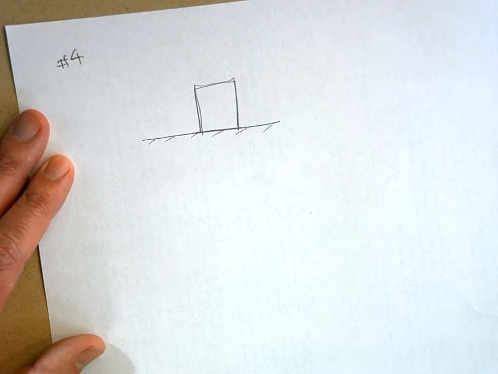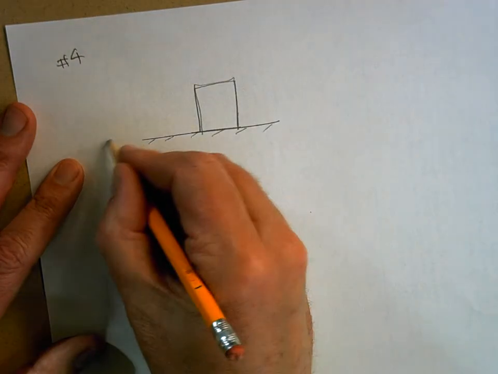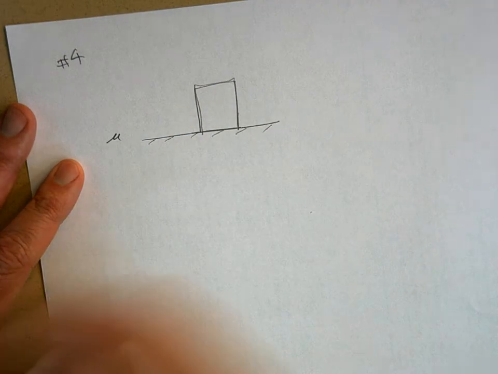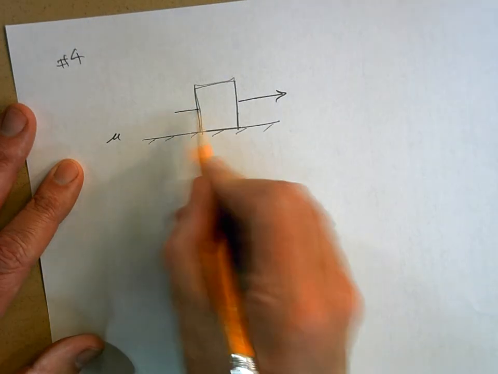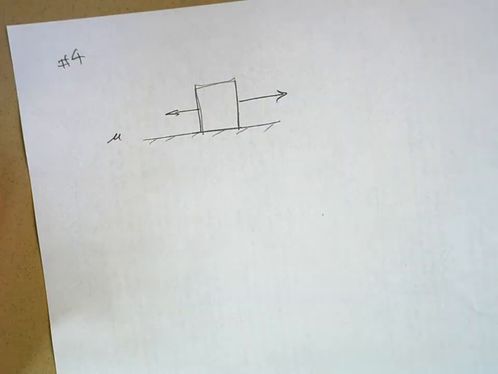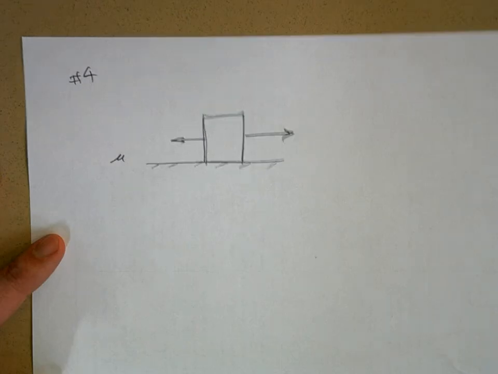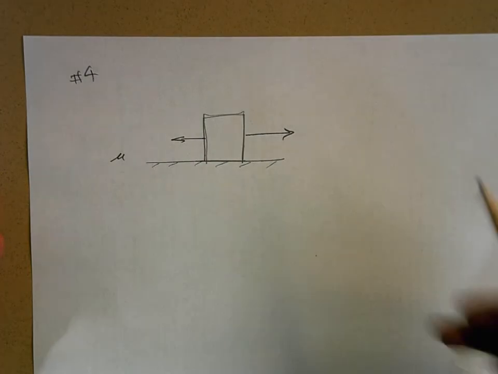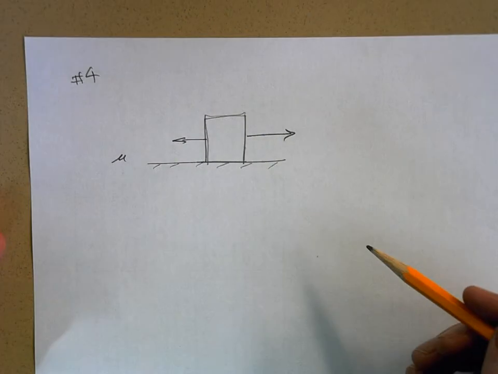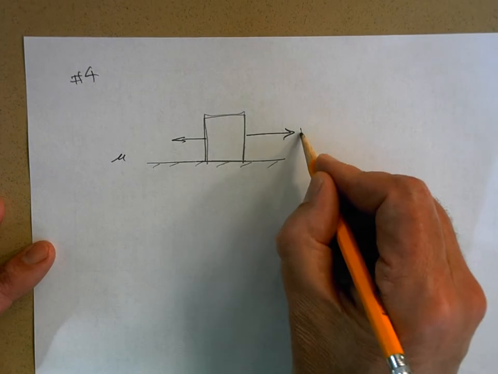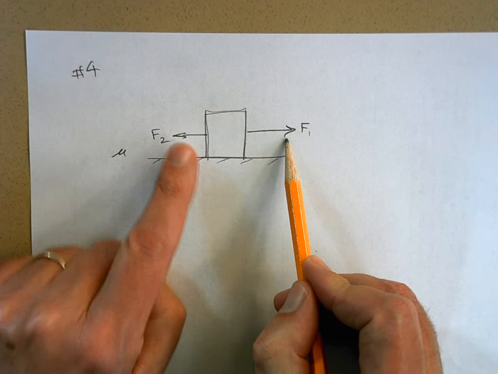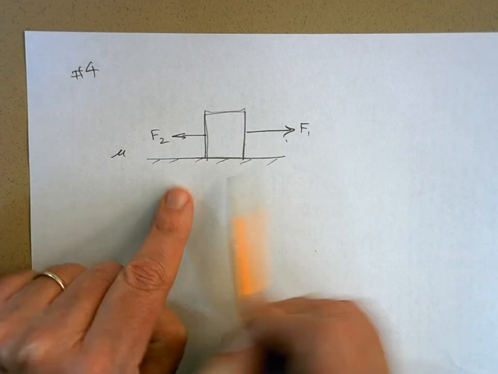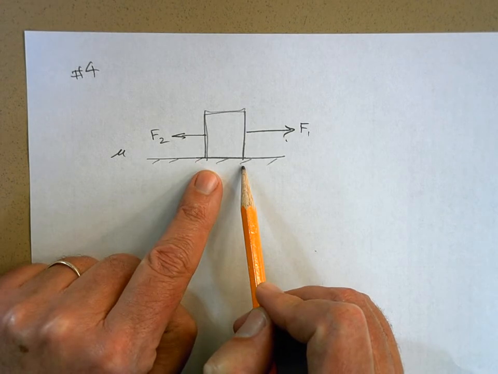There's friction. And I've got someone pulling this way, and someone pulling this way on this crate. So when you draw the free body diagram of this, I've got two forces, I'll call them F1 and F2. So I've got 2 applied forces and a friction force, and you have to handle that.